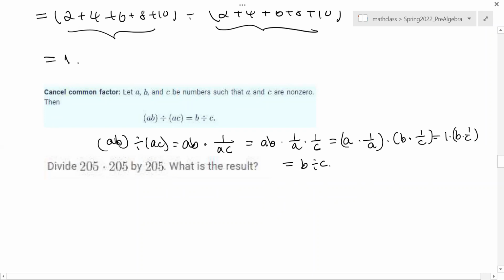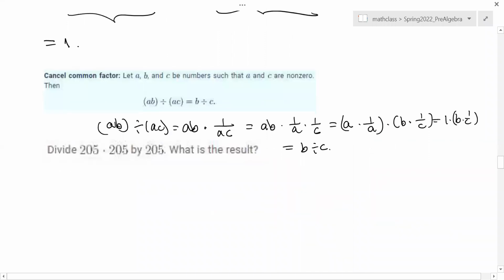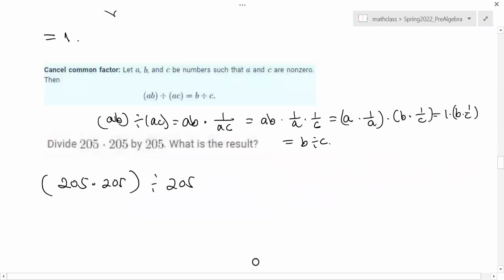Okay, so the next problem: 205 times 205, divided by 205, with a common factor here, right?